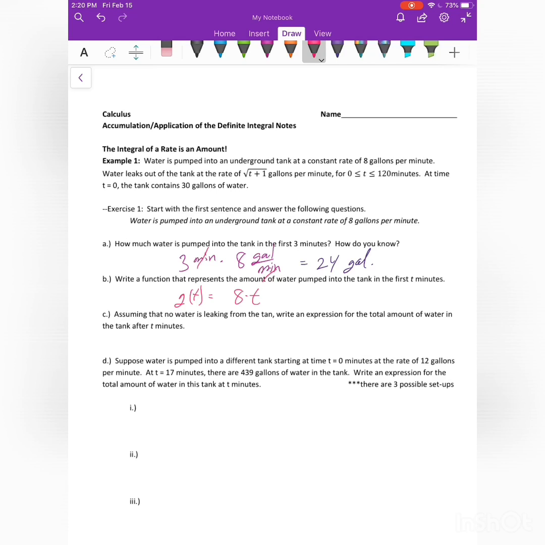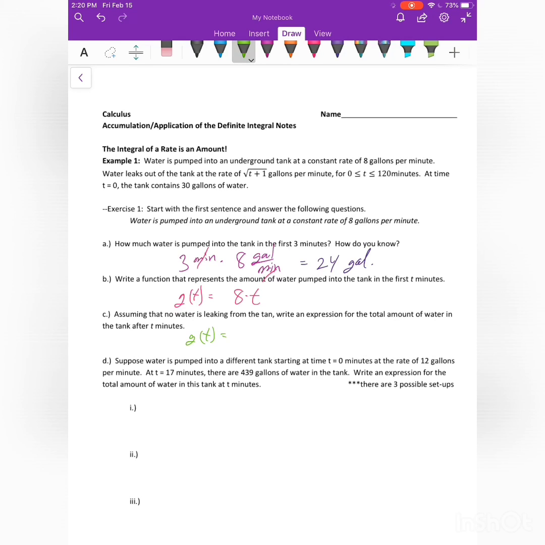Part C: assuming that no water is leaking out from the tank, write an expression for the total amount of water in the tank after t minutes. So we already have an expression that tells us how much water was pumped into the tank. The only other thing that we need to take into consideration is that there were 30 gallons to start.